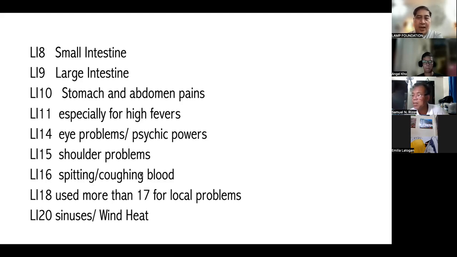So you use LI10 when you have stomach and abdomen pains, or you can even use stomach 36. I also use that for shoulder pains. Okay? Kasi 'di ba, shoulder, andyan din yung LI15, no? Okay, LI11, especially for shoulder pains.